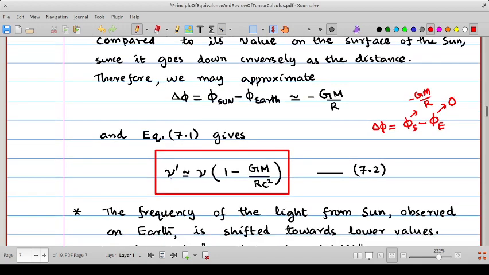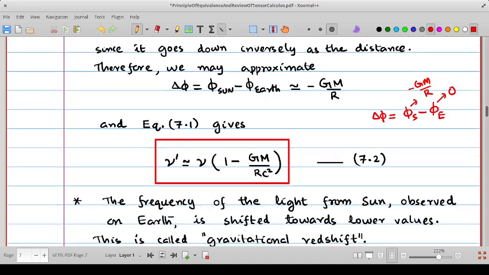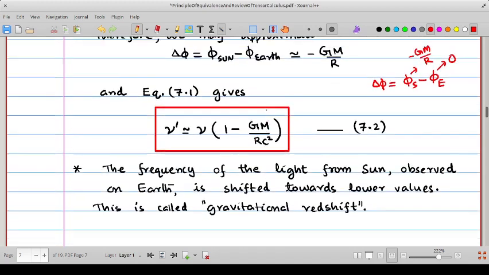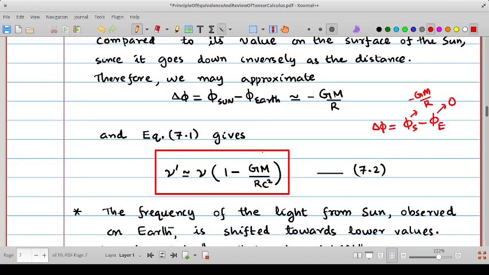Then the frequency of light observed on Earth, which is nu dash, is approximated by nu, which is the frequency with which it is emitted on the surface of the Sun, times 1 plus delta phi by c square, but delta phi is minus GM by R approximately, because phi on Earth is approximately 0. So this is nu times 1 minus GM by R c square.